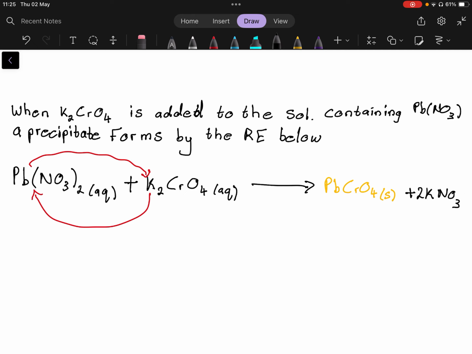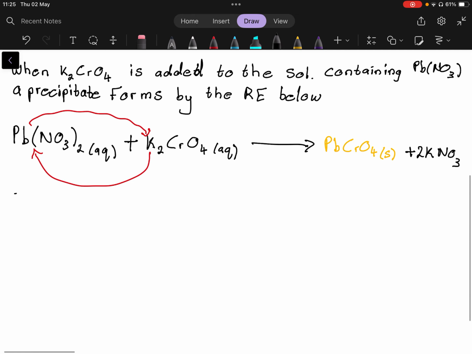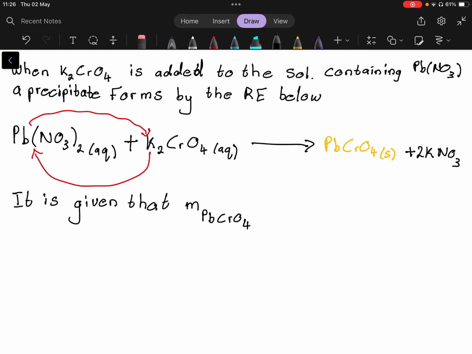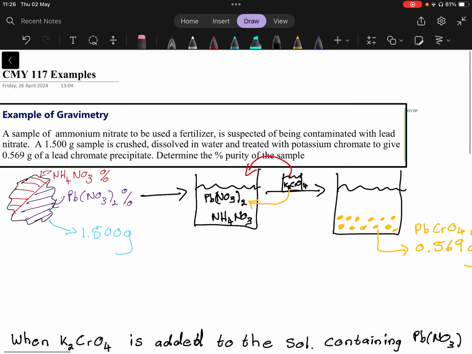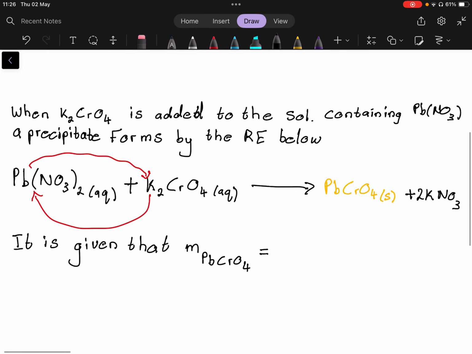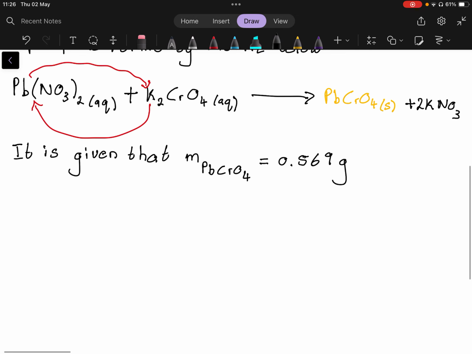now we have this information. Then your next step is, it is given that the mass of the lead chromate equals 0.569 gram.